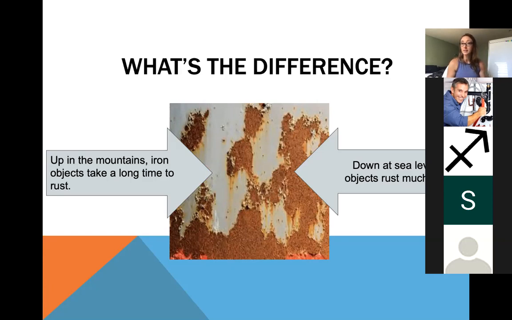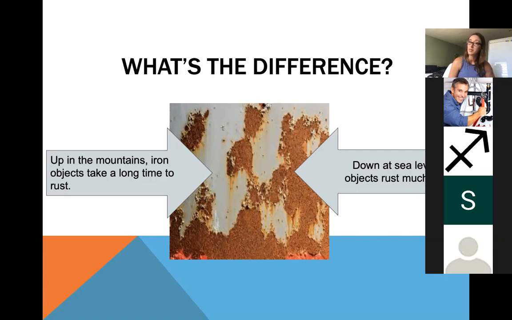Well, we have iron, right? At both places, iron is the same at sea level or in the mountains. But what's different is the concentration of oxygen gas in the air, right? Here at sea level, the concentration of oxygen gas is about 21% of our atmosphere. But as you move up higher into the mountains, the concentration of oxygen gas in the atmosphere gets less and less and less.